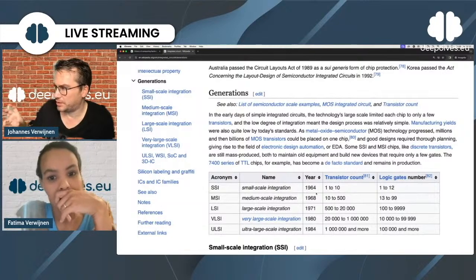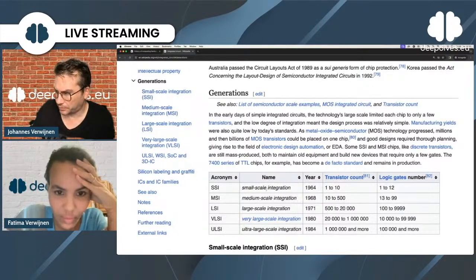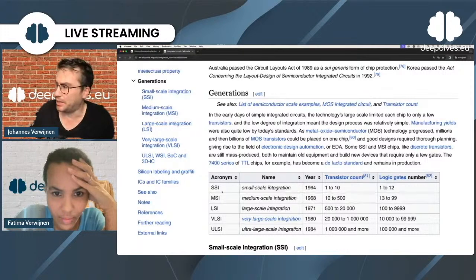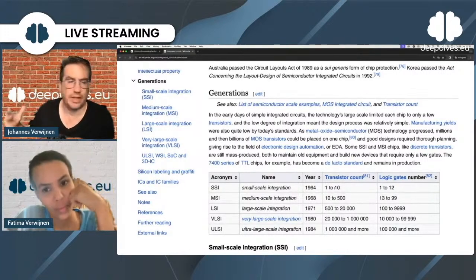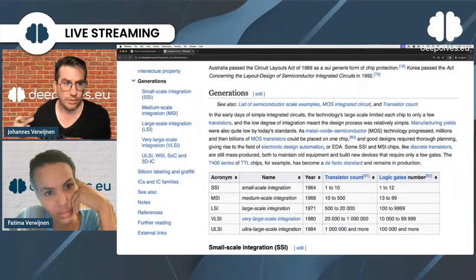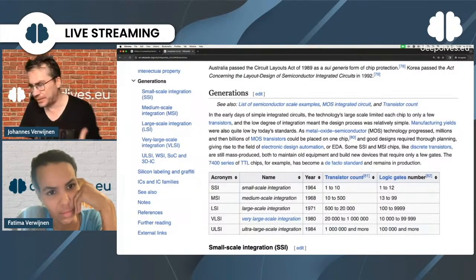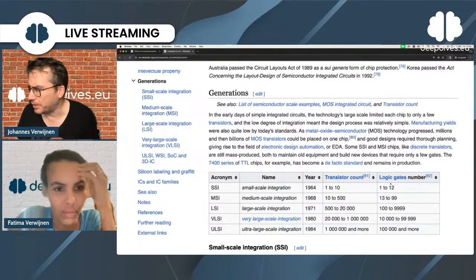If I can just quickly continue. So in 64, what we had on a single IC was stuff like 1 to 10 transistors and 1 to 12 logic gates. Logic gates are something we need to be able to create logic, to do and/or, how to do maths, basically in binary.